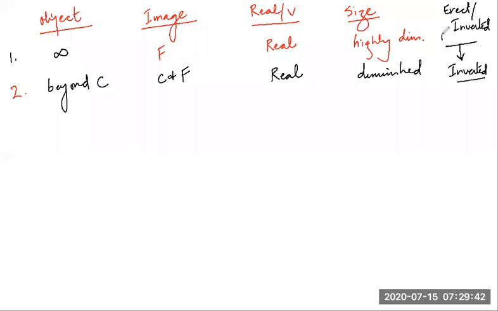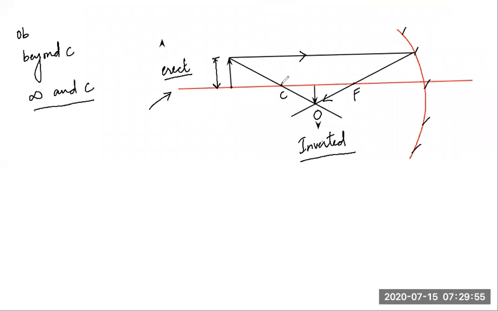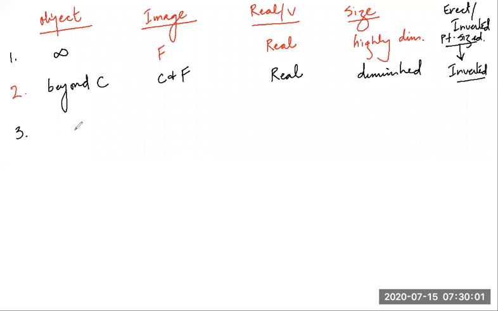Because the image is point sized when the object was at infinity. Now, students, we will move the object a little more to the right side. So we will keep the object at C, and let's see where the image will be formed.